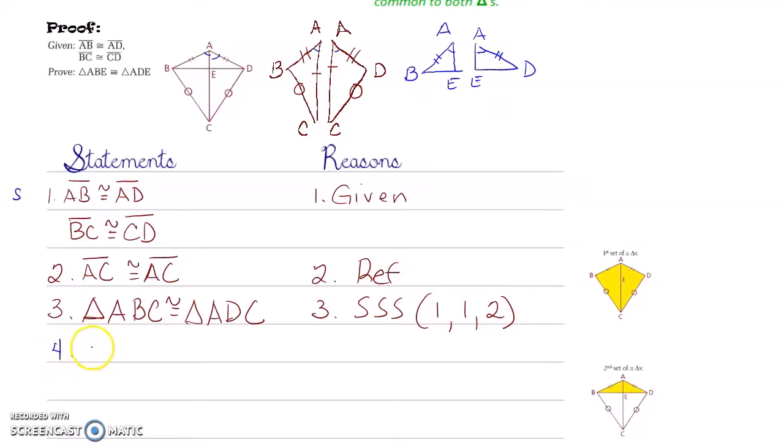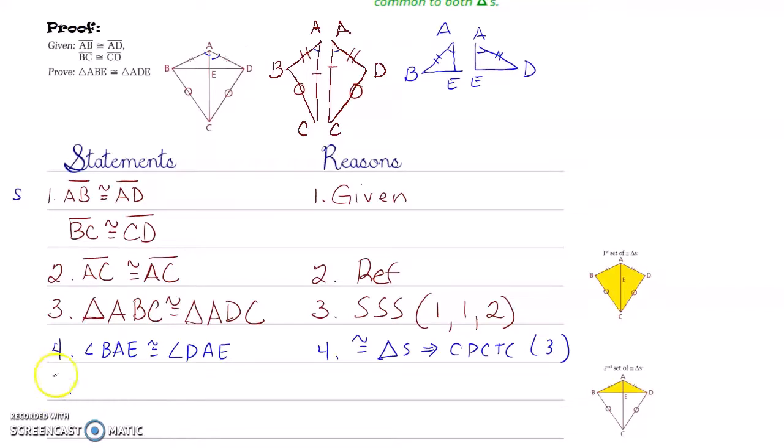So we have the corresponding parts. Angle BAE is congruent to angle DAE. If we're given congruent triangles, then corresponding parts of congruent triangles are congruent, and those triangles are in line 3.